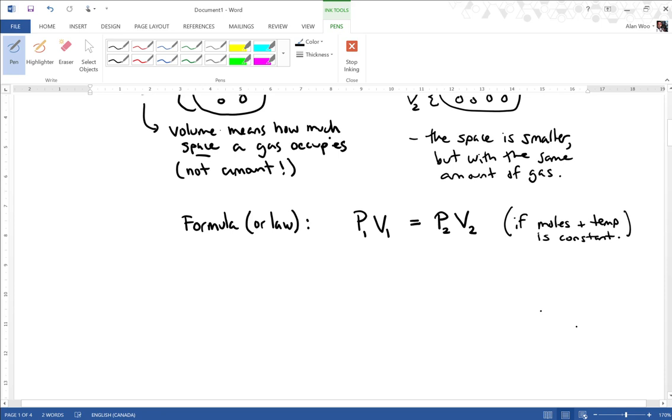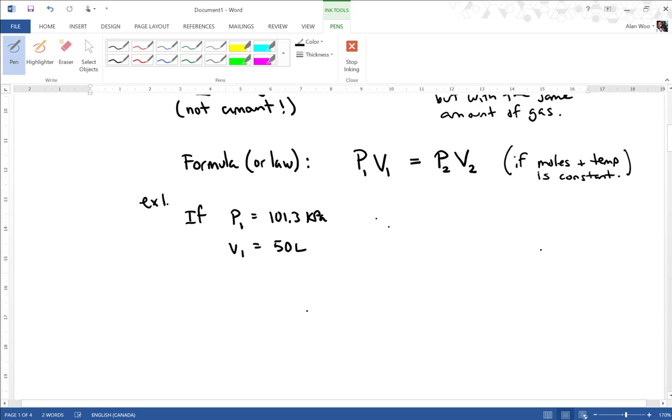Okay. So let's look at a really quick example. Example 1. If P1 equals 101.3 kPa, V1 is 50 liters, P2, let's say, has increased to 325 kPa, then what is V2 going to be equal to?